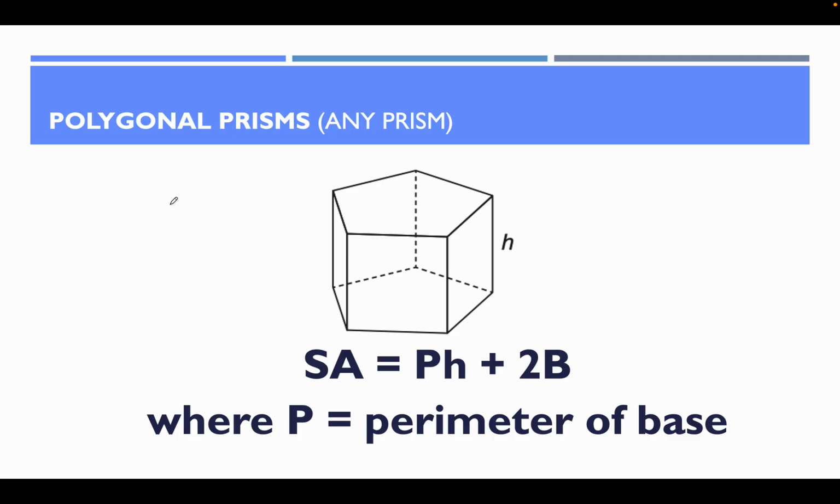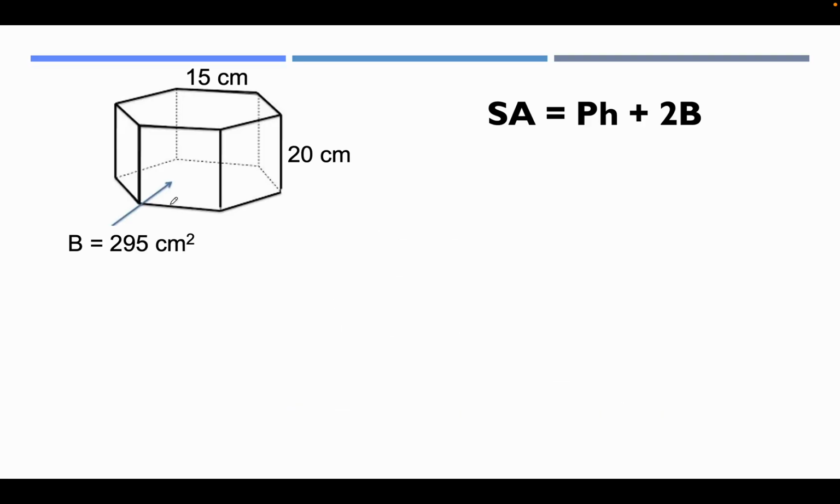The last formula at the bottom of your formula sheet is for these polygonal prisms. This is the surface area equals pH plus 2B, where P is the perimeter of the base. We have here a hexagonal prism.